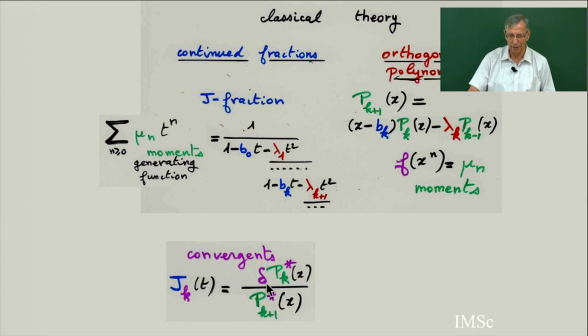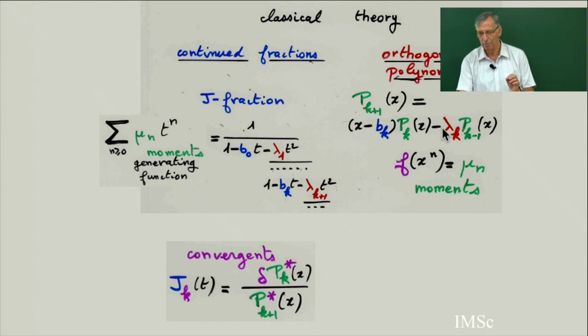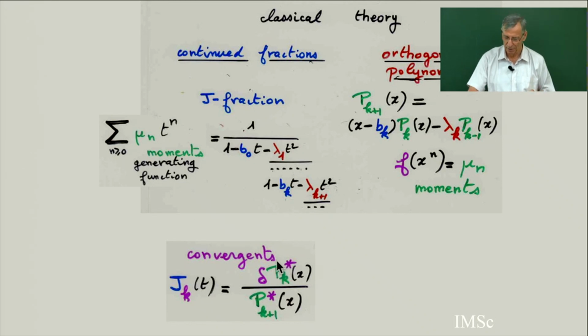And delta means it's a shift. It will be the same sequence of orthogonal polynomials, but you replace bk by bk plus 1 and lambda k by lambda k plus 1. You shift your pair bk, lambda k by 1. So this is another sequence of polynomials, which is exactly this one in the numerator.